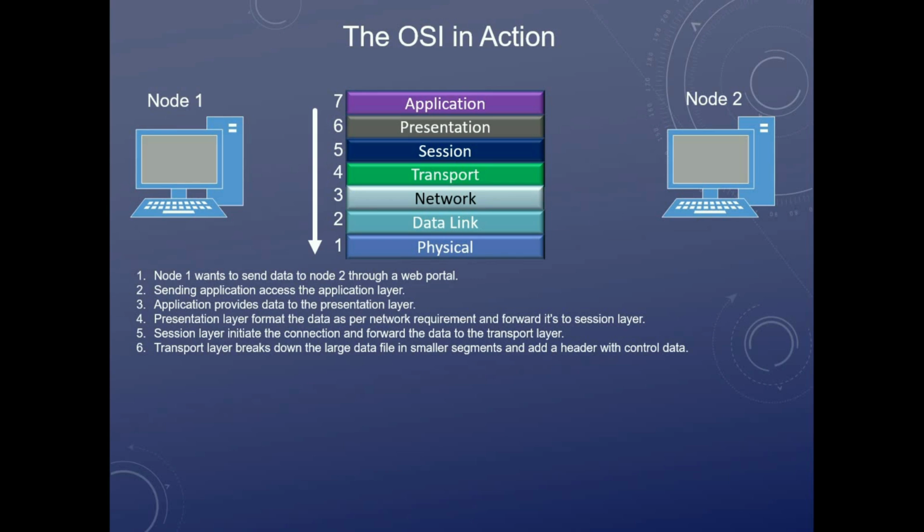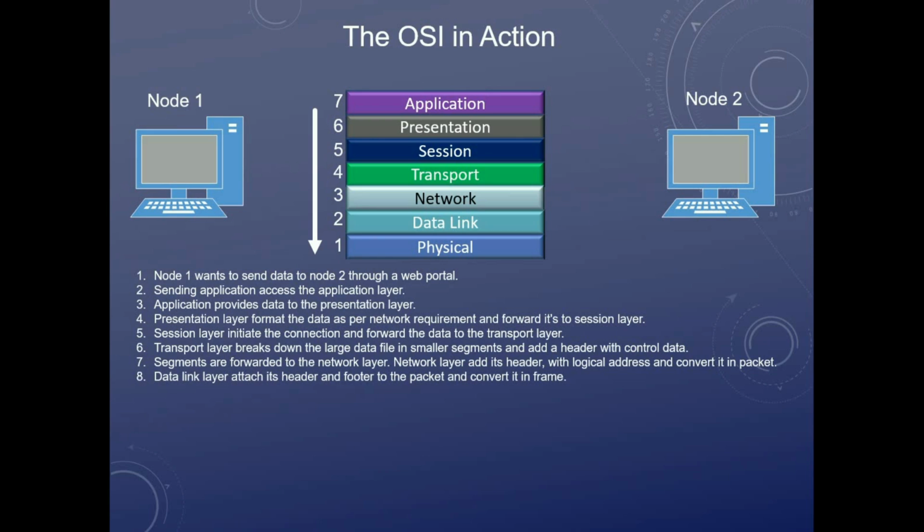Pass that down to the network layer. Those separate segments at the network layer is going to add its own header with the IP address, and now it truly turns into a packet at the network layer. Okay, that sends it down to the data link layer.